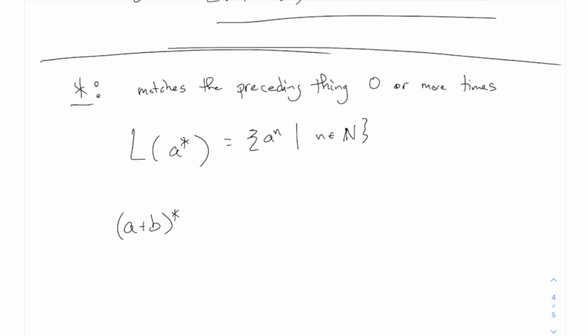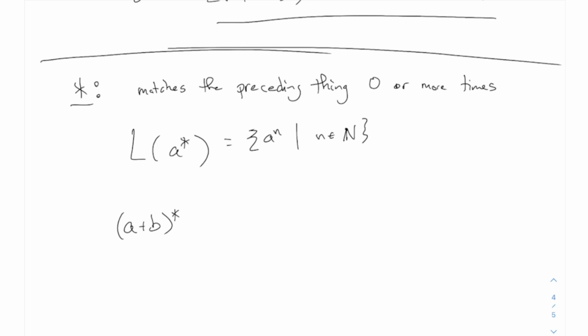And in this usage, A plus B star, it also means the star applies to everything inside the parentheses. Can anybody say just in words what that represents? It's like A as many times or B as many times. Okay, it's actually not quite.